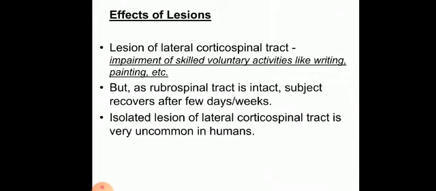So if the lateral corticospinal tract is damaged, but you have the rubrospinal tract intact in the body, whatever deficit is seen in the skilled voluntary activities of the person, you can see that all those deficits recover within a few days or a few weeks.